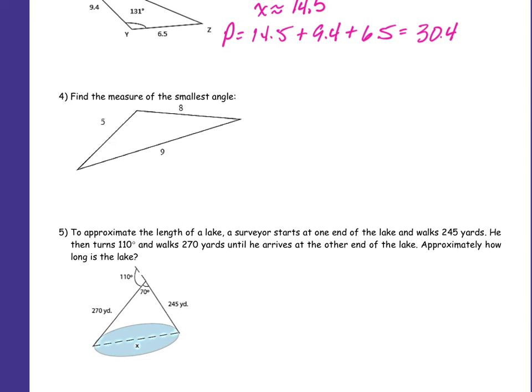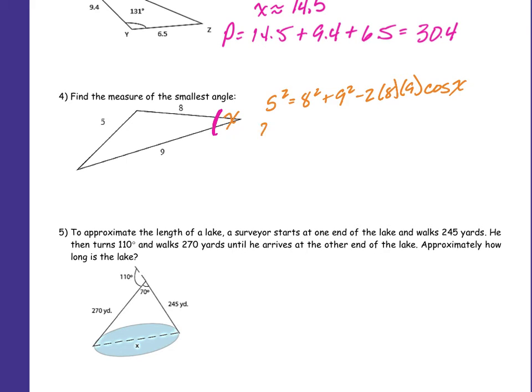Okay, it wants me to find the smallest angle, and the smallest angle is across from the smallest side. Since 5 is my smallest side, I want to find this angle here. So I'm going to have 5 squared equal my other two sides squared, 8 squared plus 9 squared, minus 2 times 8 times 9 times the cosine of, let's just call it x, cosine of x.